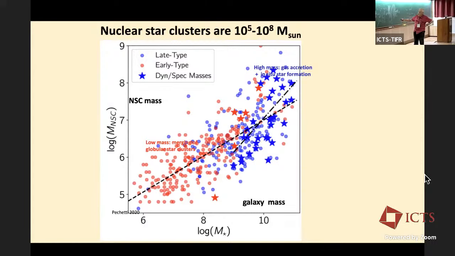But then as you move up a bit in galaxy mass, it goes nonlinear, this connection between galaxy mass and nuclear star cluster mass. And I'll explain why that is in a moment. We use different techniques to identify the masses of these nuclear star clusters, but this seems to be the pattern that we're having. And our interpretation is this, that in the limit of dwarf galaxies, lower mass ones, we have the linear part of this relation.